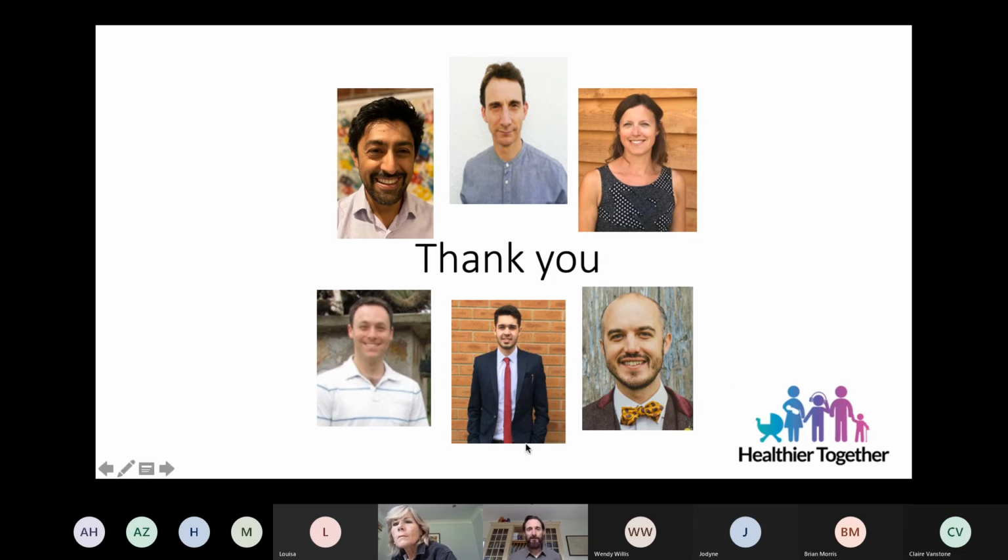At the bottom, you've got Andrew Stanley in the middle, who's the project director. David James on the right, who's the emergency consultant, and he's done a lot of the work with 111 and doing the remote assessment pathways, and there's a series of videos on how to use them that he's put together. And bottom left is James Edelman, who rolls out the education programme, particularly amongst primary care. So thank you very much for your interest in being here.